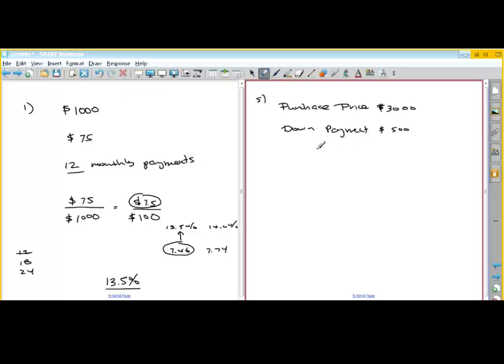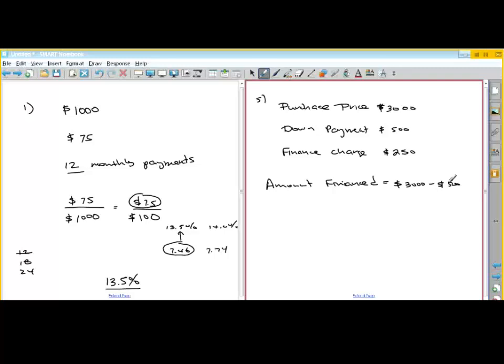And we have the finance charge. So that's the total amount of interest that we have to pay on the amount that we financed. So the amount financed is the purchase price minus the down payment.